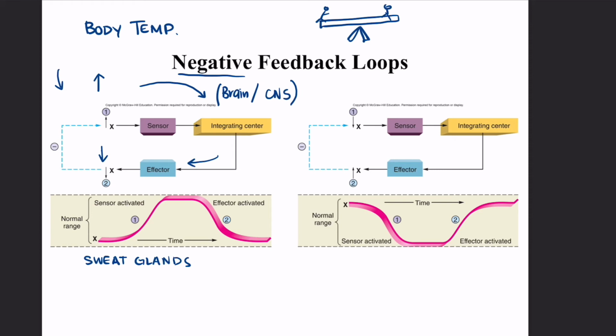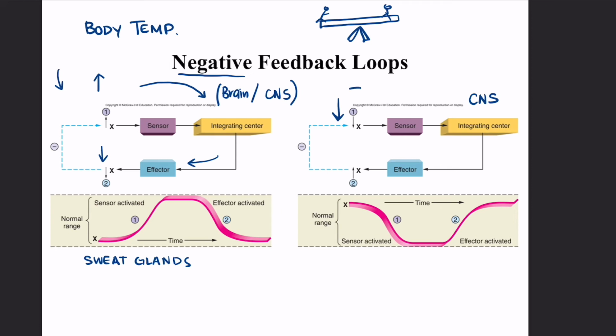On the opposite side here, say our body temperature was too low. We're going to sense that somehow. The integrating center, the central nervous system, is going to process that information and then also send information to an effector, which is going to affect some change.